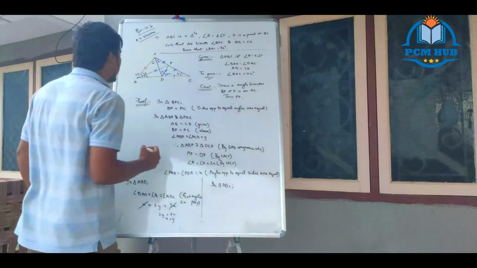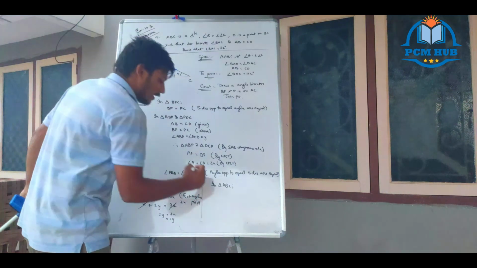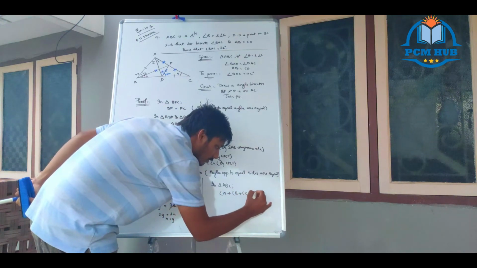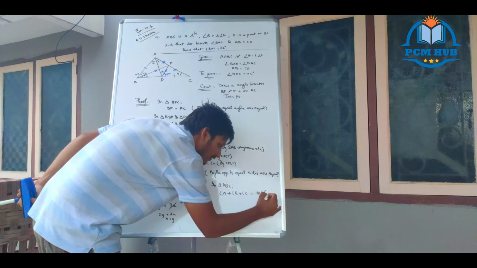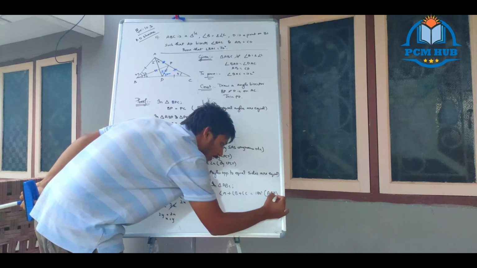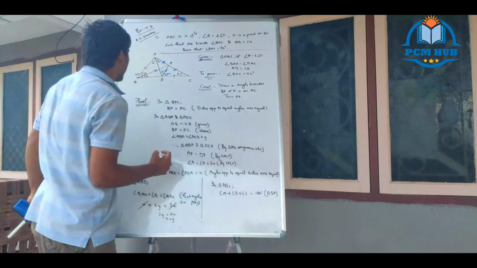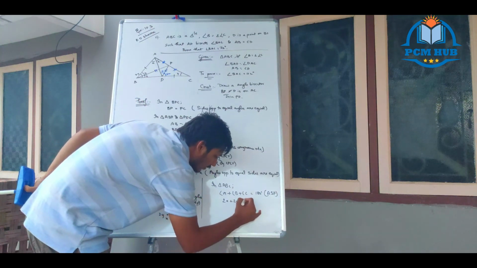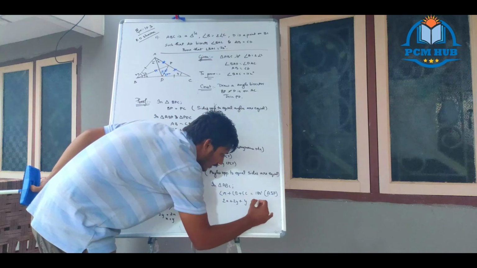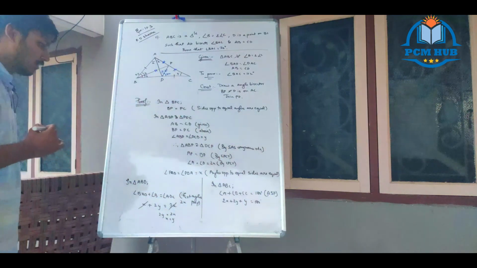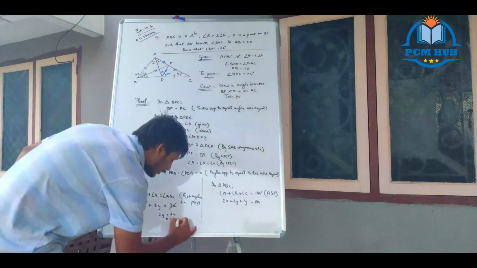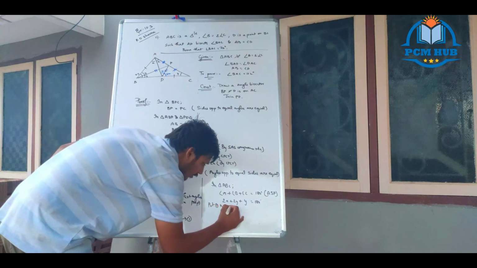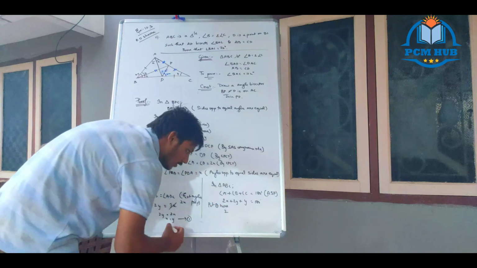So in triangle ABC, we have angle A plus angle B plus angle C equal to 180 degrees, by angle sum property. What is angle A? 2x. What is angle B? 2y. What is angle C? y. Equal to 180 degrees. Already we know this. This is 1. Put 1 here. So 2x equal to y.